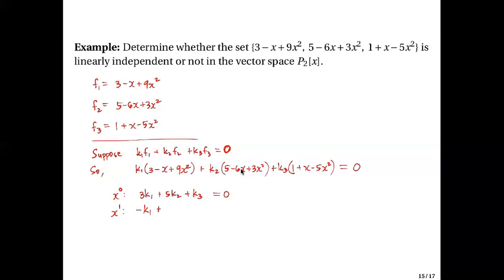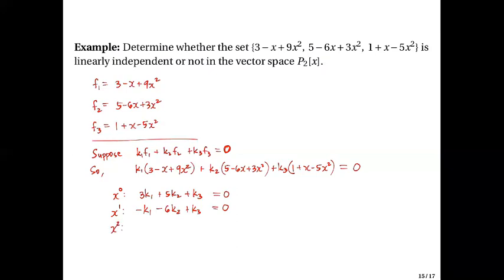So you just have minus 6k2. For here, you have k3 times x, so you just have 1 times k3. So plus k3 equals 0.